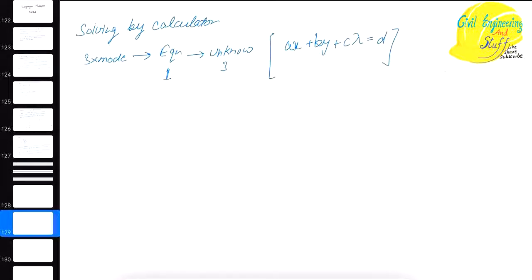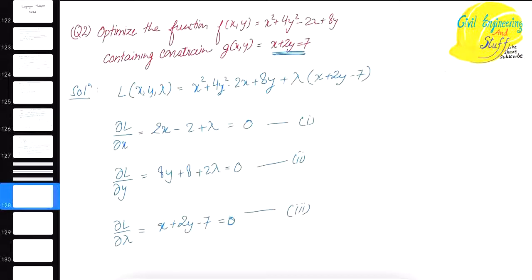So in this form you will be inputting the values. After pressing 3 you will be asked the value of a1, and here we have the value 2. B is the coefficient of y, and since we do not have it, we put 0. C is for lambda, and here we put 1, and for D we put positive 2.